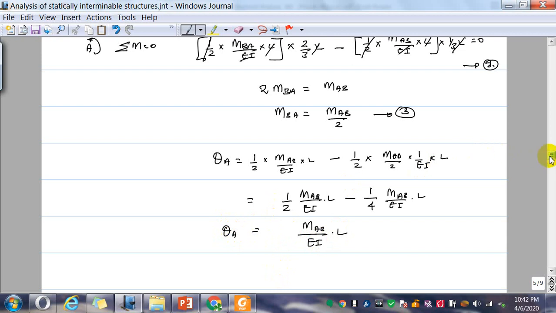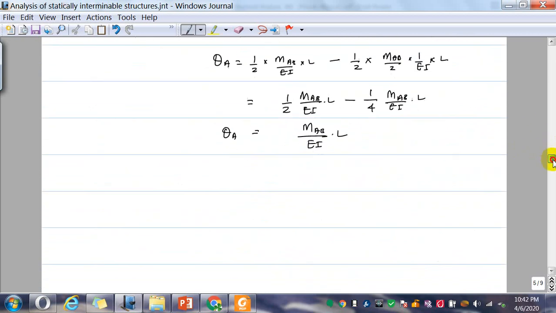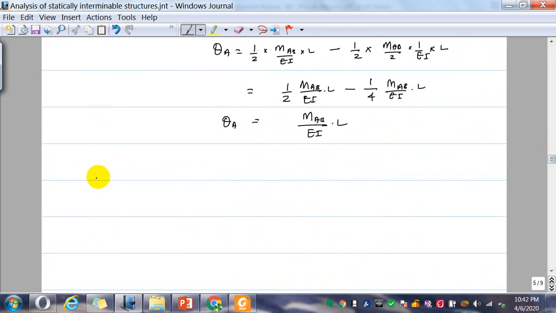Similarly, if you do it for the other, say here A, B, if you keep A fixed and here you rotate it by an angle theta B, then it takes a shape like that. So this rotates by theta B counterclockwise.